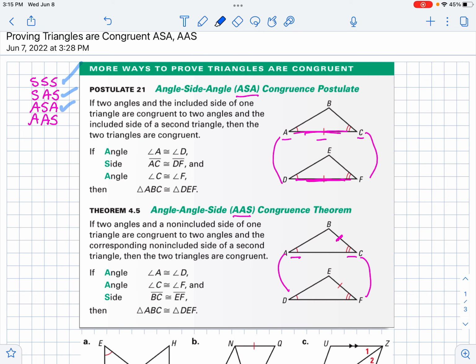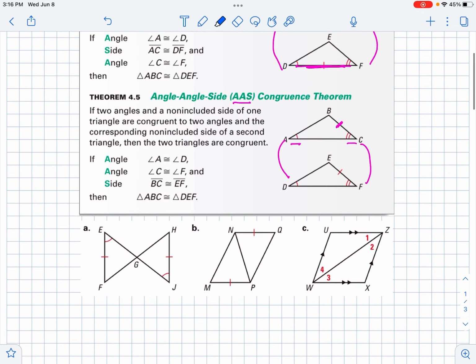So we get angle, side, angle. But then the angles on the outside said, we need to stick together, so let's stand next to each other. So we get angle, angle, side. I don't know how you remember it, but that's one way.